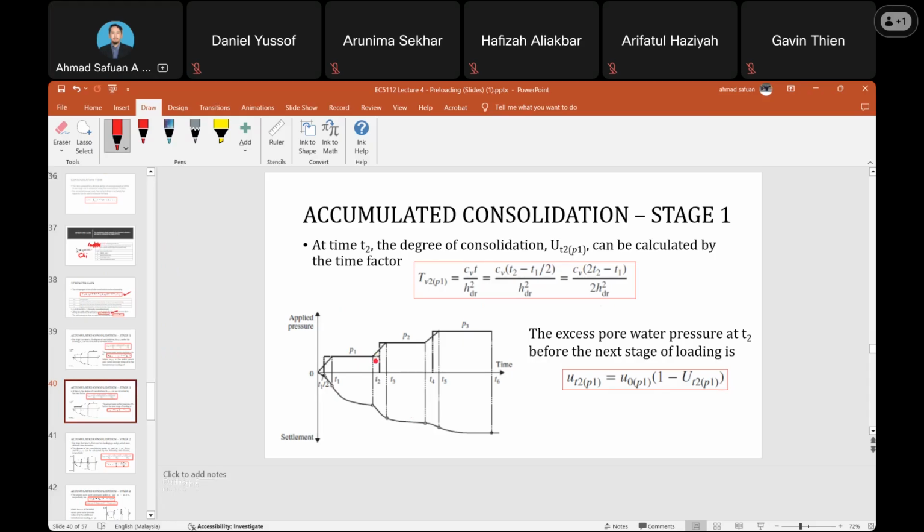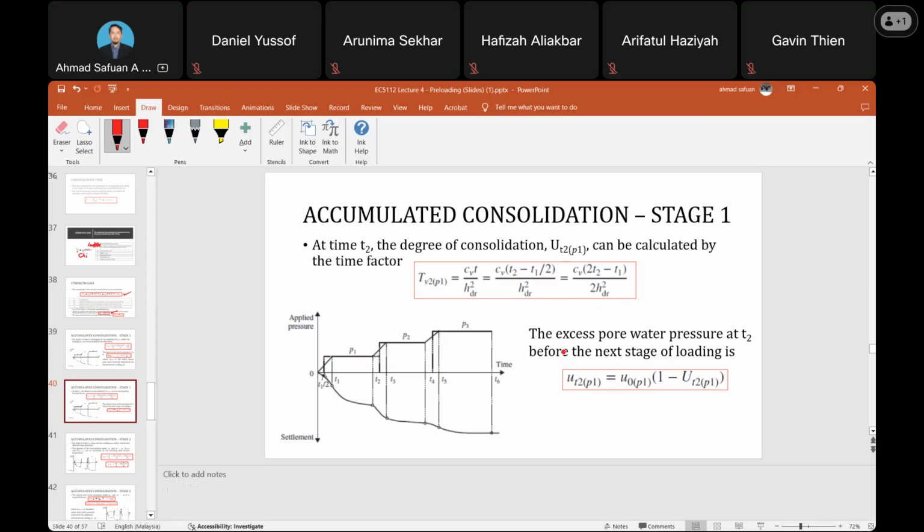So Tv can be derived from T2 minus T1 over 2. So that is the range of the time factor to get the degree of consolidation. Okay. So then the Cv times 2T2 minus T1 over 2 H_dr squared.